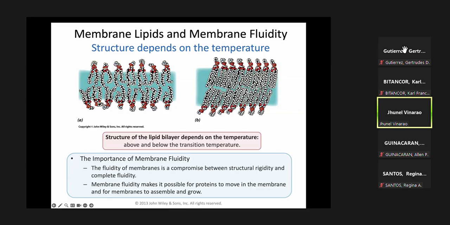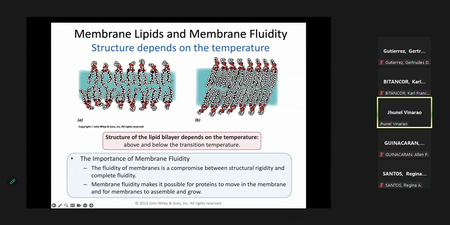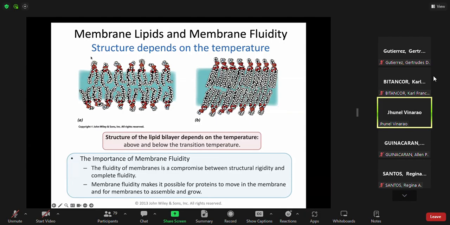Fewer spaces in B? Yes, it is. And it's because of what? Because of the fluid content? Some answered temperature.